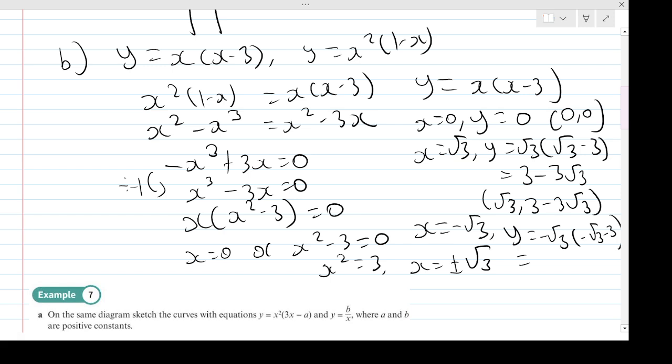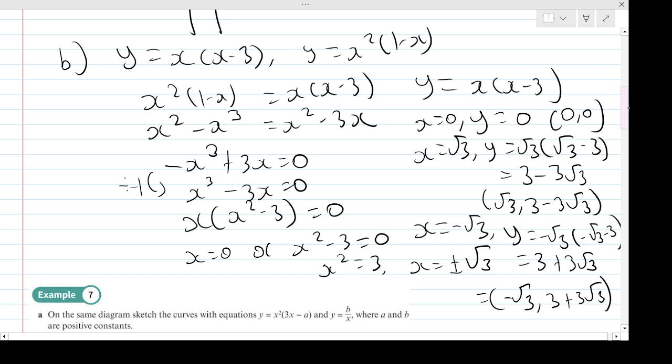So minus root 3 times minus root 3 would be positive 3 again, and then minus root 3 times minus 3 would be positive 3 root 3 again. So that would give the coordinate when x is minus root 3, y is 3 plus 3 root 3. And there we are.